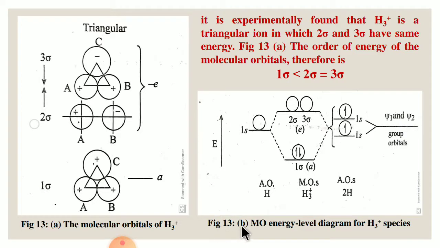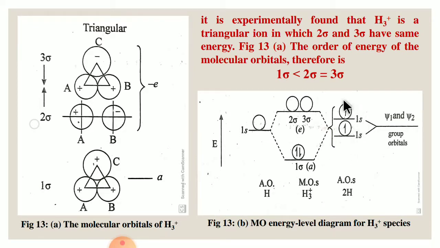In figure 13b, the molecular orbital diagram or energy level diagram for the H3 plus species is shown. On my left hand side there are the atomic orbitals of hydrogen. The 1s atomic orbital of hydrogen is empty. On my right hand side there are the atomic orbitals of 2 peripheral hydrogen atoms, HA and HB, and this is the central hydrogen atom HC.